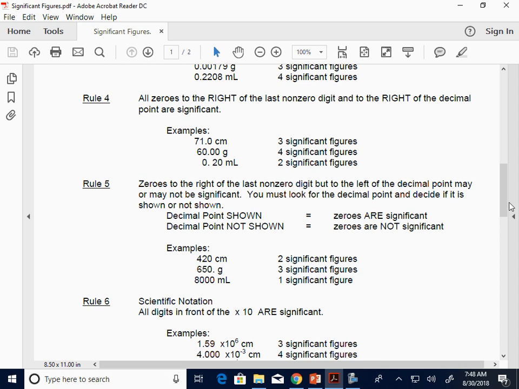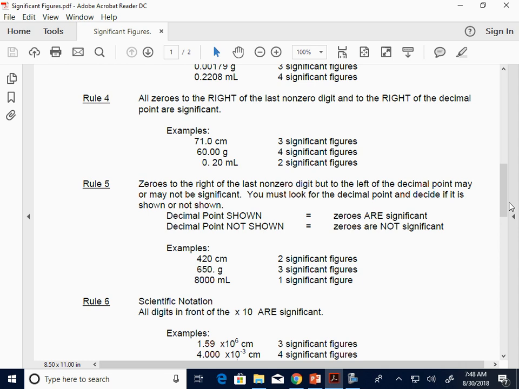So once again, let's look at the middle one, 60.00. The 6 is the last non-zero digit. That decimal point in there tells me that every 0 to the right of that decimal point is significant also. So that is 4 significant figures.